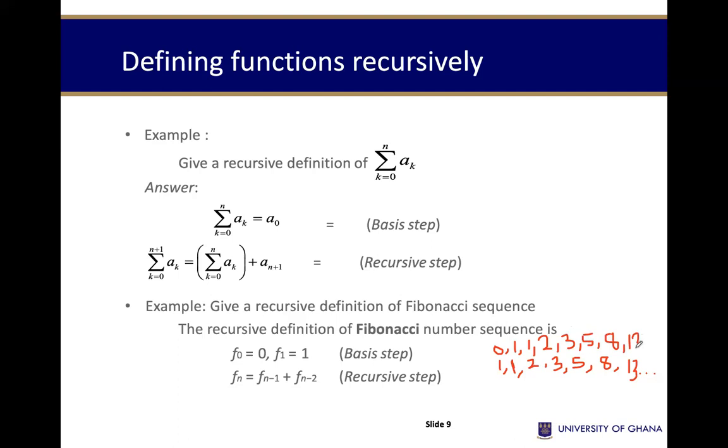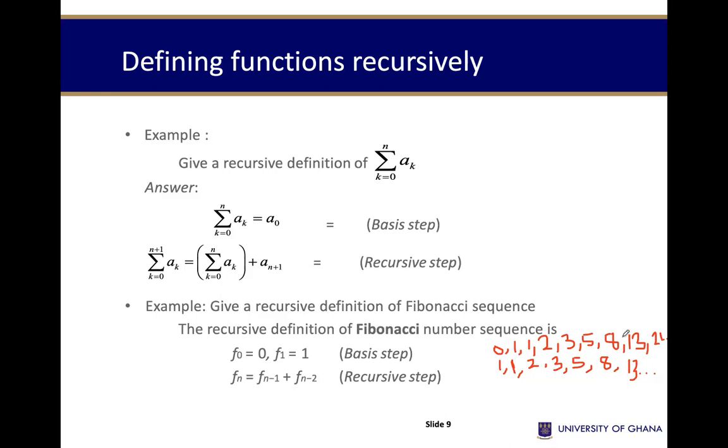If you want to continue, it's going to be 8 plus 13, and that should give me 21. Of course, we can go ahead and deal with the others as well. It's going to be 13 plus 21, and then whatever number you get, you add it to the previous number. And that gives us a Fibonacci sequence.